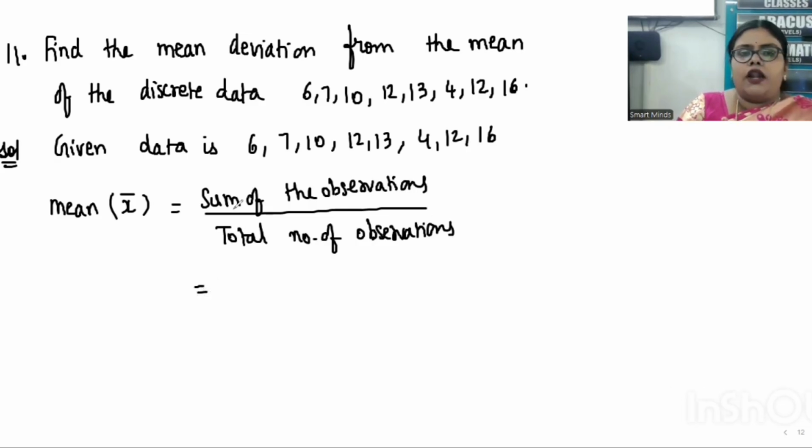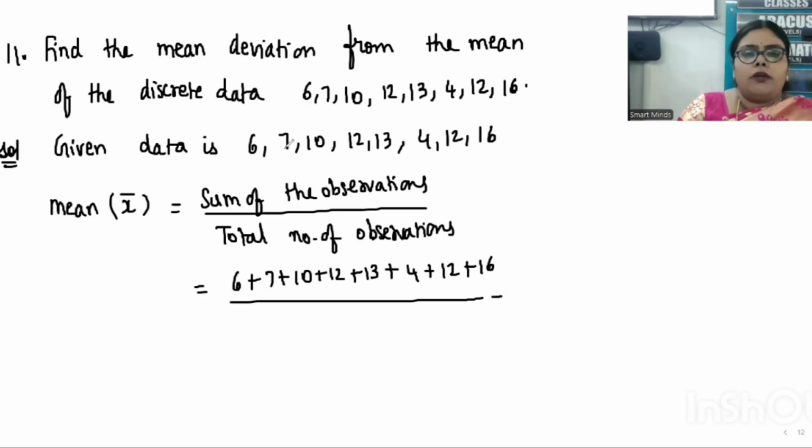So add all the observations: 6 plus 7 plus 10 plus 12 plus 13 plus 4 plus 12 plus 16 by total number of observations, which is 8. Now if you add all these numbers, you will get 80. 80 by 8 is 10. Therefore, mean is equal to 10.